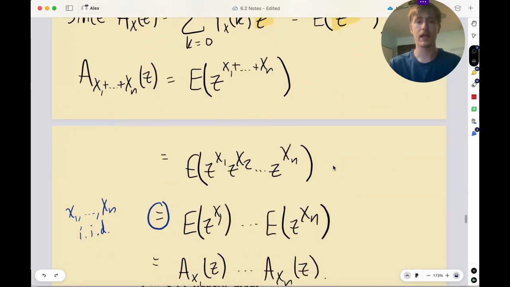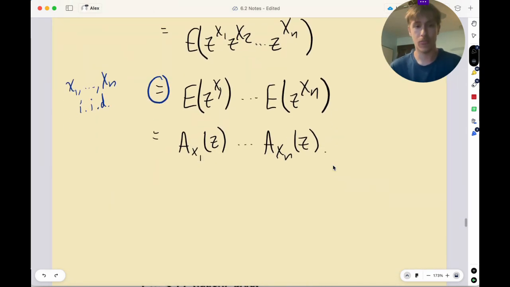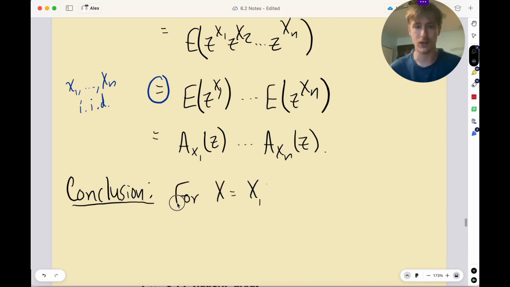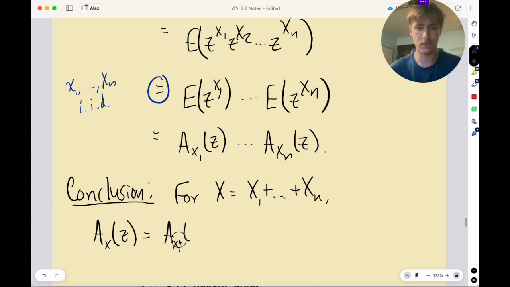Okay, so in other words, conclusion: for X equal to X1 plus yada yada plus Xn, we have that the generating function for X is really the same as the product of generating functions.